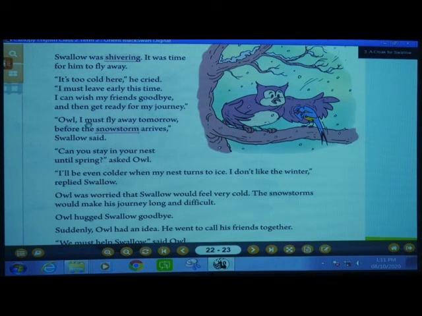Owl, I must fly away tomorrow before the snowstorm arrives, Swallow said. Can you stay in your nest until spring? asked Owl.